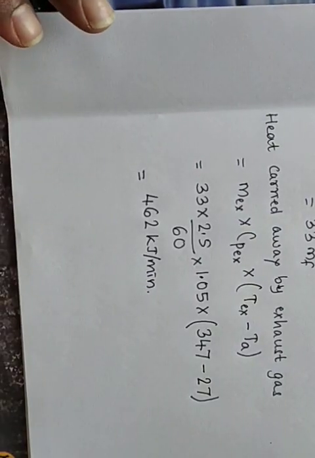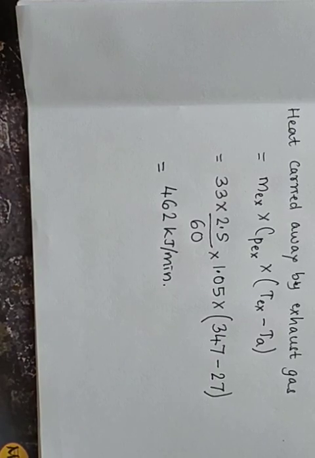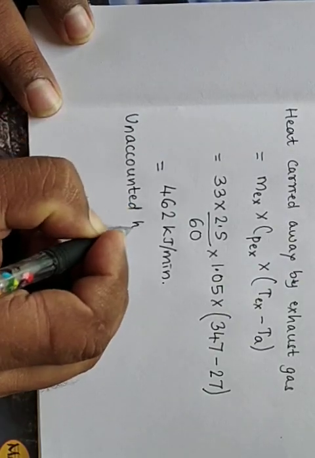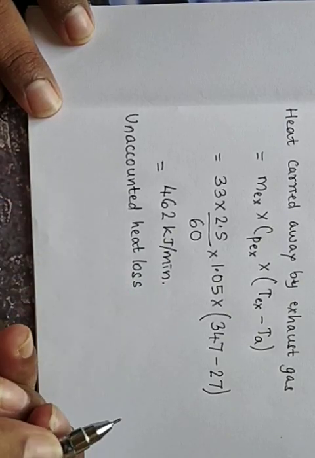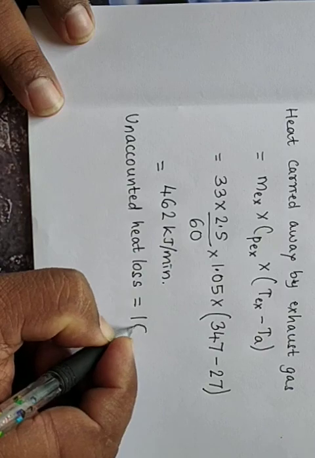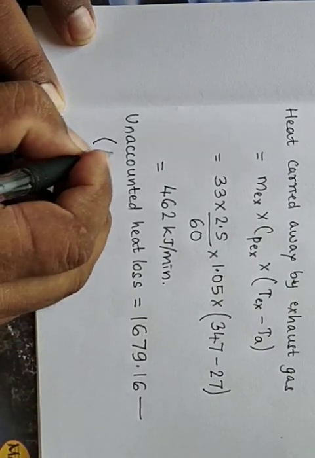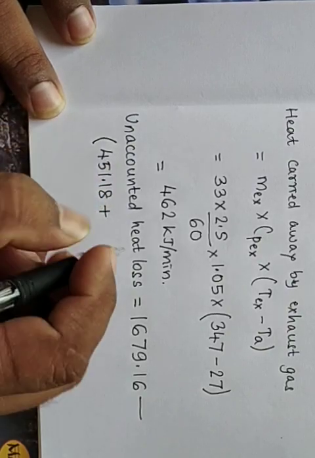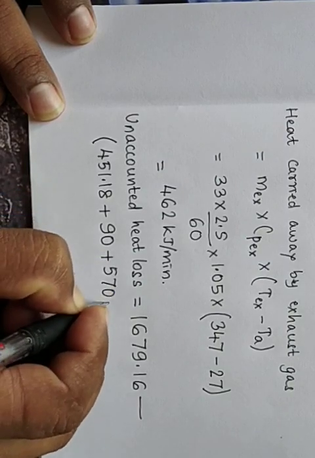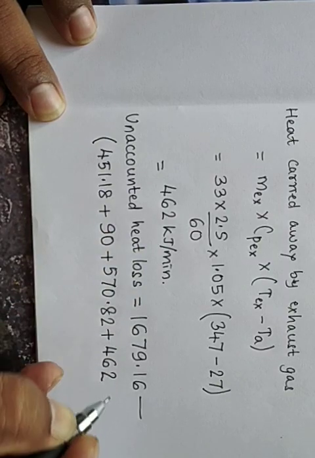Then find out unaccounted heat loss. So let us find out next unaccounted heat loss, or heat unaccounted as it is sometimes called. It will be equal to heat supplied or heat input, that is 1679.16, minus heat equivalent to BP, that is 451.18, then heat equivalent to FP that we found out, 90, plus heat carried away by cooling water, 570.82, plus heat carried away by exhaust gas, that is 462 kilojoules.